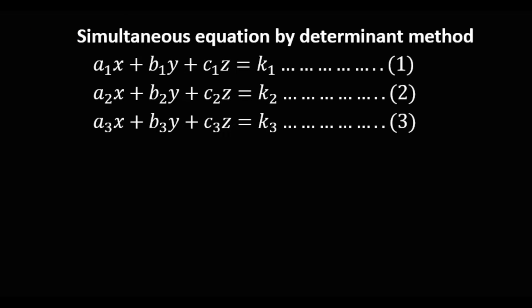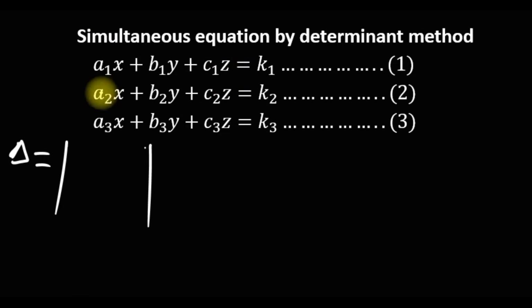If we are given a system of equations of three unknowns x, y, and z, the first thing we are going to do is form three determinants from this. The first determinant, let's call it delta, is formed using the coefficients of the variables x, y, and z, arranged in this way.